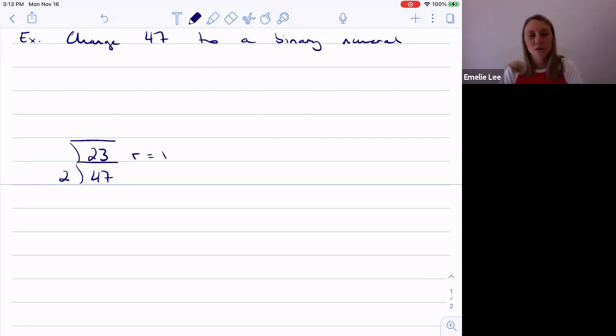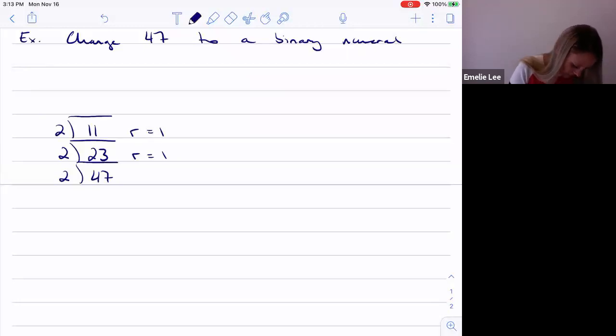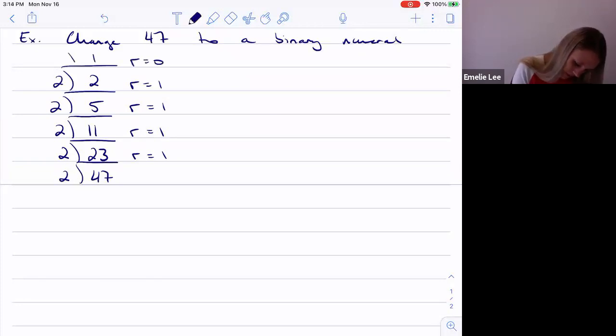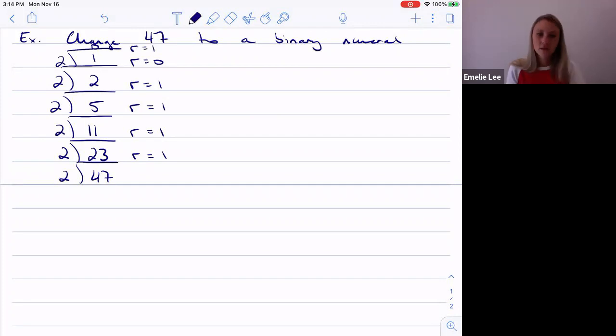My only choices for the remainders are 0 and 1 when I'm working in base 2, so that's easy, right? 23 divided by 2 puts me at 11 with a remainder of 1. 11 divided by 2 puts me at 5 with a remainder of 1. 5 divided by 2 puts me at 2 with a remainder of 1. 2 divided by 2 is 1 with a remainder of 0, and finally, 1 divided by 2 is 0 with a remainder of 1.